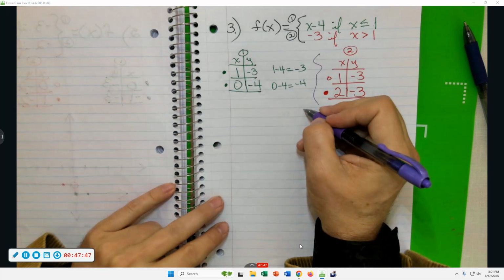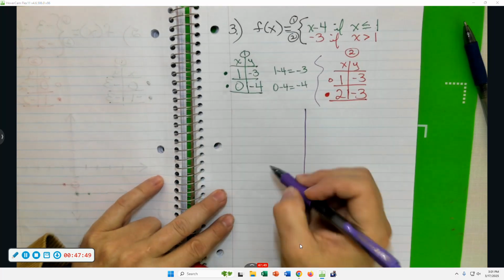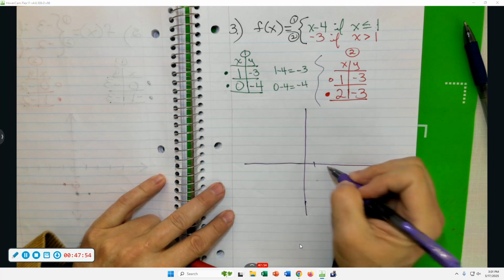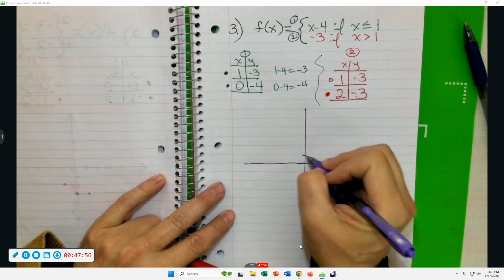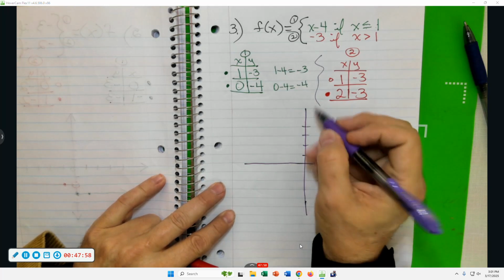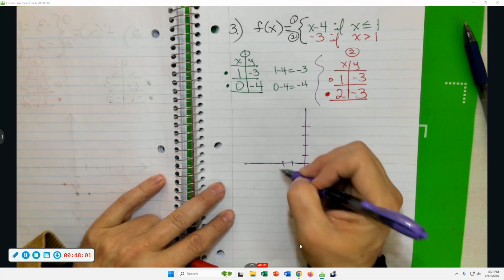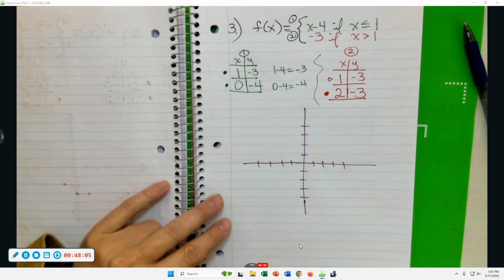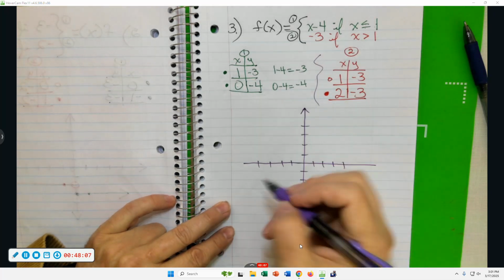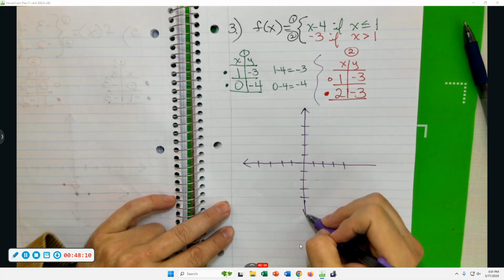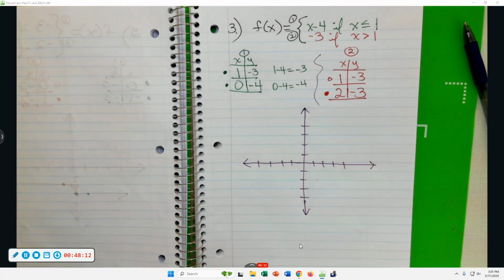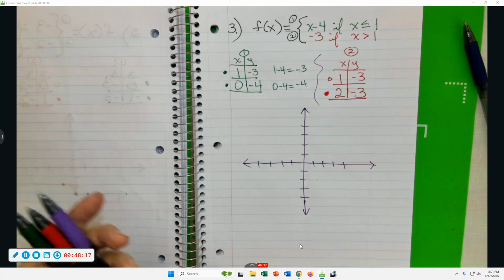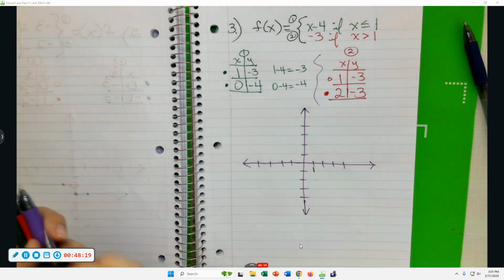Oh, we don't need too big a graph here. Got to clearly label that cut point on the x-axis because that's where the pieces are going to change. And so that would be at 1.